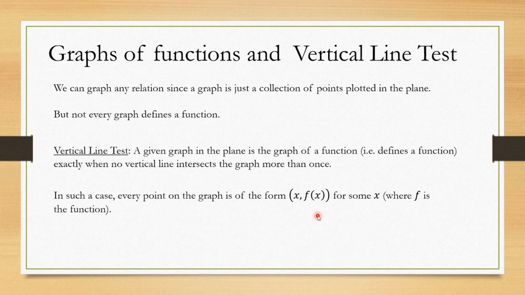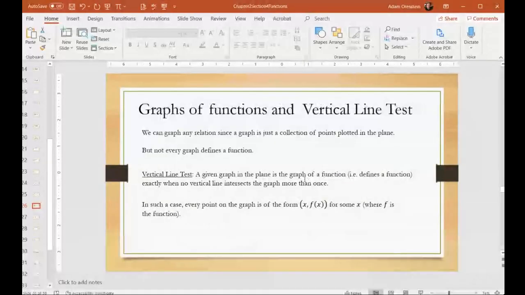From the context, it will be clear, or should be clear. But if a graph passes the vertical line test, then the graph defines a function, and every point on that graph is of this form. That has to happen.